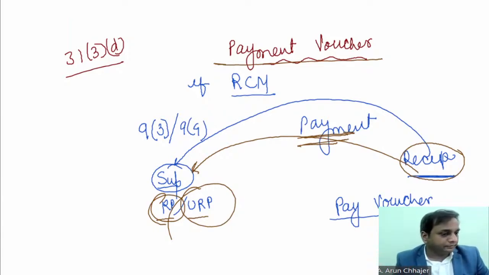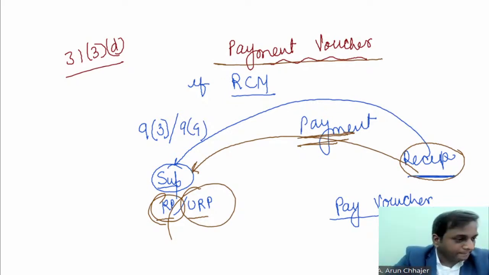Is it clear? I think. Could you please confirm? Is it clear now? 31(3)(D) is clear to all?